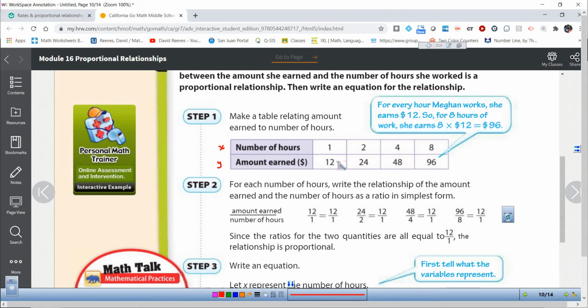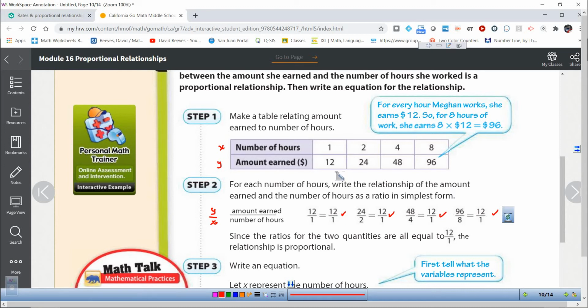And if you take a look here, we've got 12 and 1, 24 and 2, 48 and 4, 96 and 8. And if I divide every time, if I did y divided by x, I get 12. Do you see that? 12, 12, 12, 12.